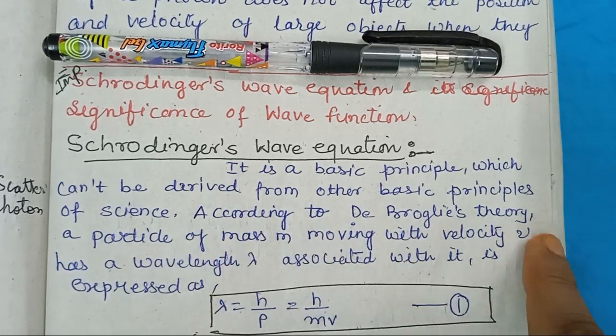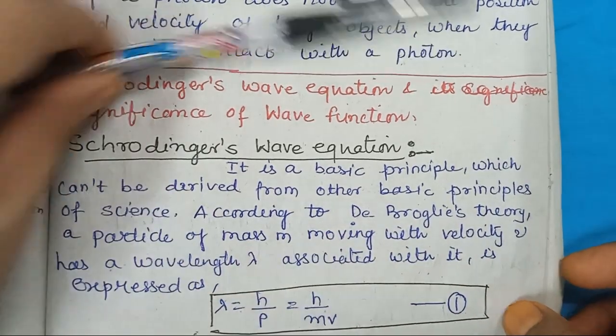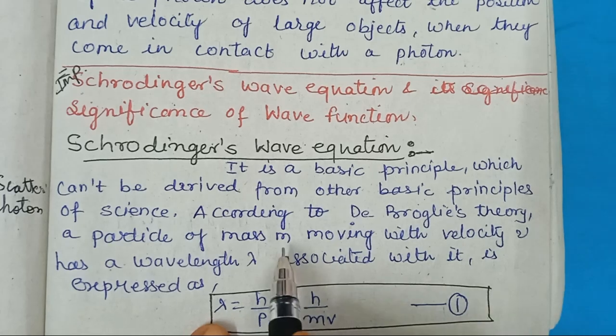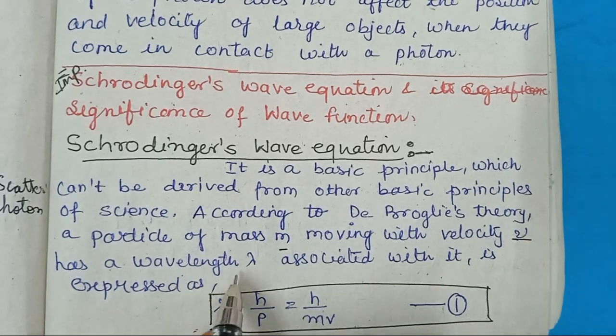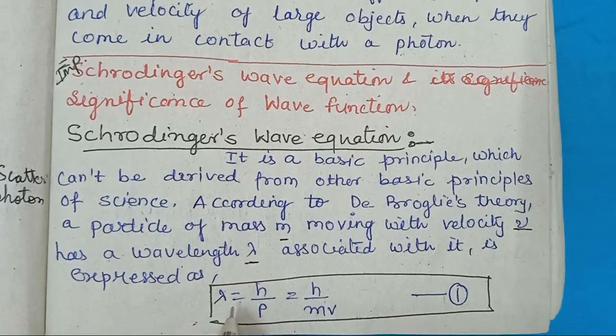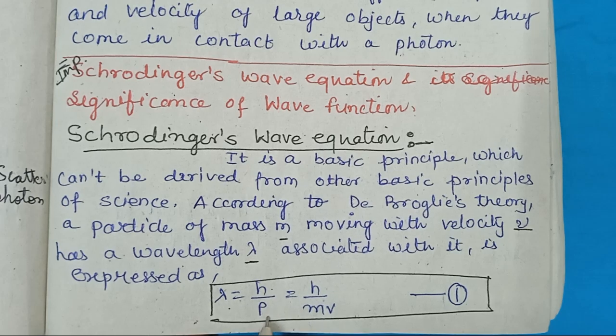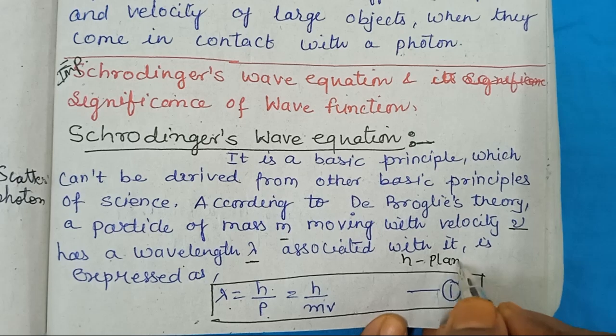According to de Broglie's theory, a particle of mass m moving with velocity v has wavelength lambda. So we can write lambda equal to h upon p, where h is Planck's constant.